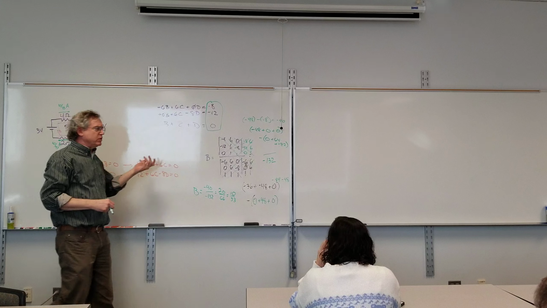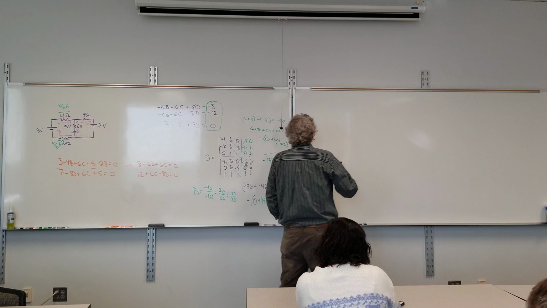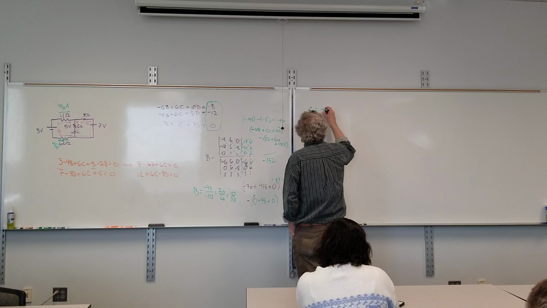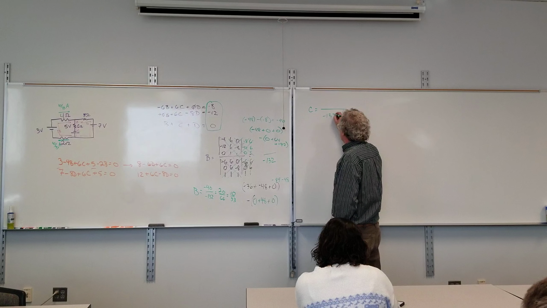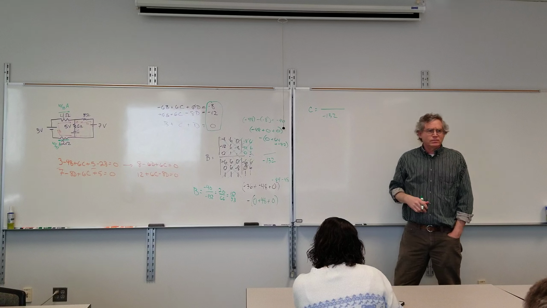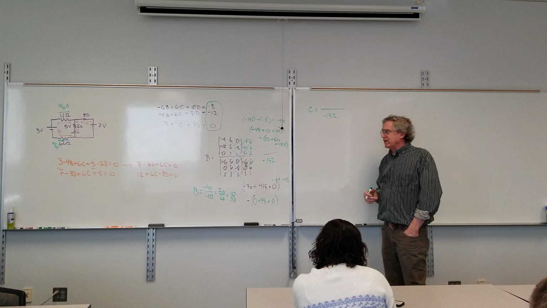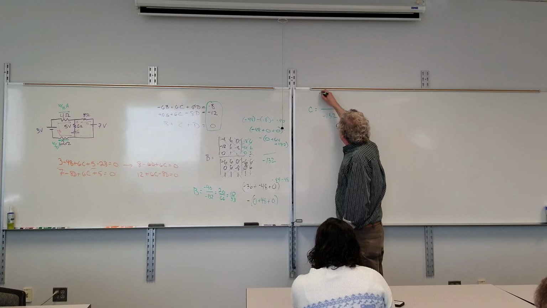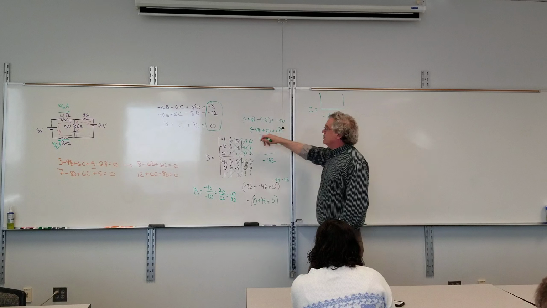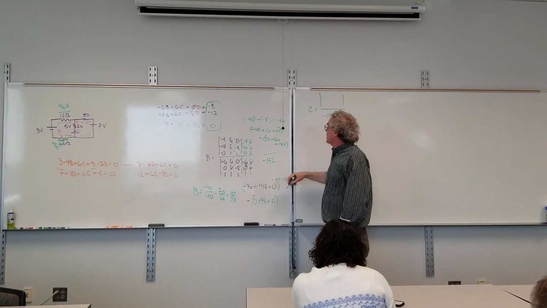To find c using Cramer's rule, the denominator is the same, negative 132. I don't need to redo it unless I wanted to double check that I did it right the first time and see if I got the same answer. But the numerator, since c is listed as the second variable, I'm going to replace the second column.